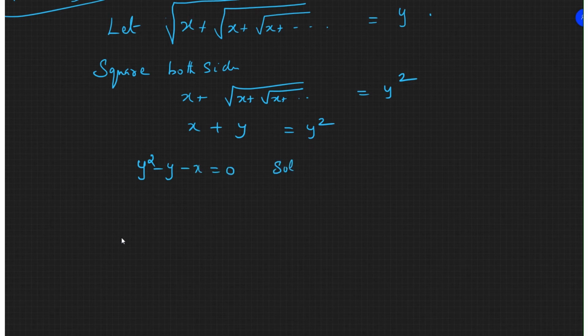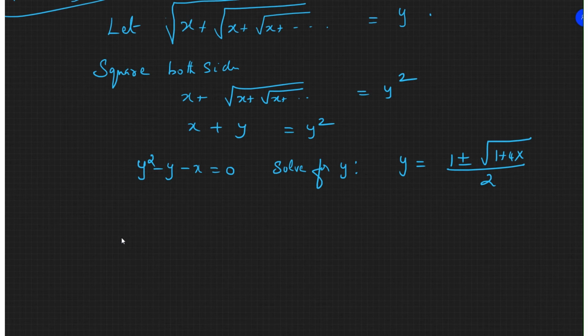Solving for y, using the quadratic formula, you get y equal to 1 plus or minus square root of 1 plus 4x, divided by 2. Now this square root of 1 plus 4x must be positive, so let us take the positive result, and y will be 1 plus square root of 1 plus 4x by 2.